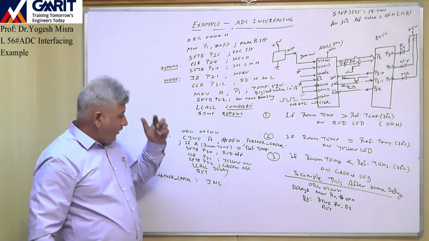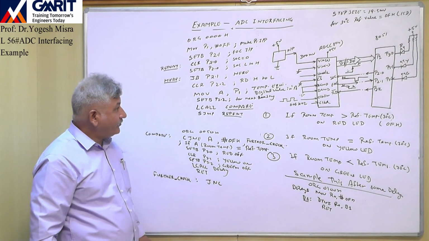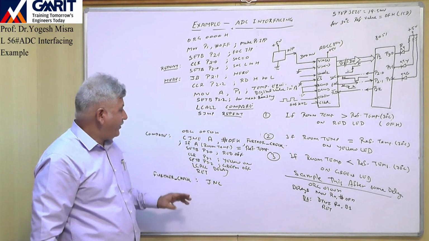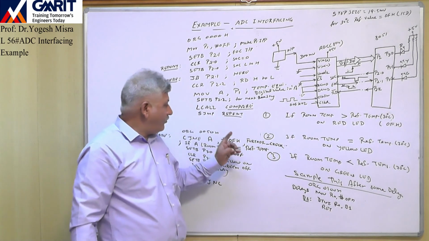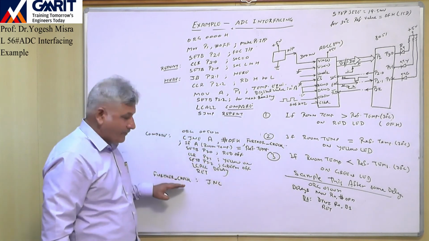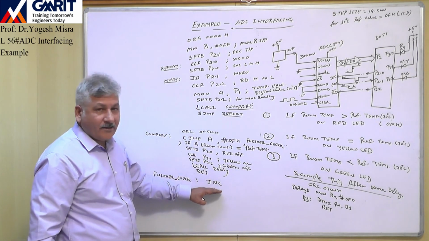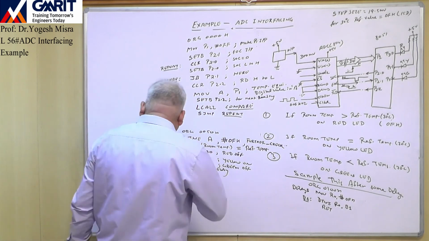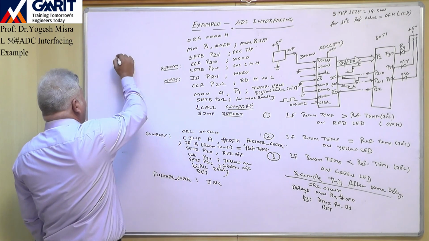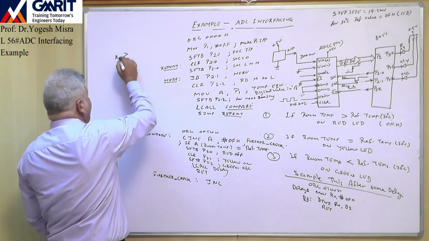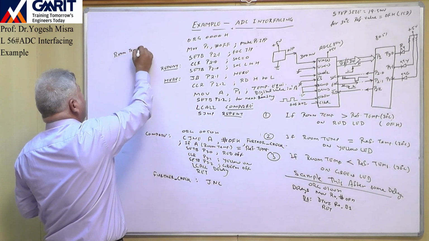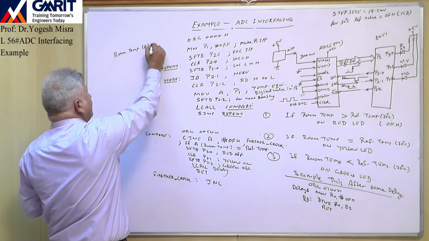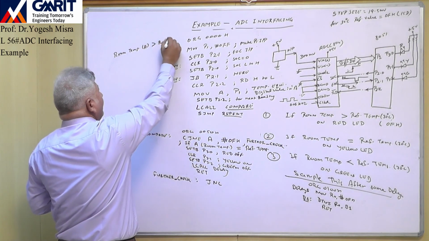Now, if the room temperature and reference temperature are not equal, then when this instruction is executed, it will go to the label further check. It will come here, and here I have written the instruction jump no carry. Jump no carry means A, that is room temperature, whose value in A is greater than reference temperature.